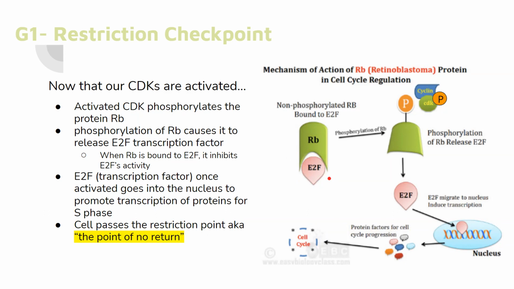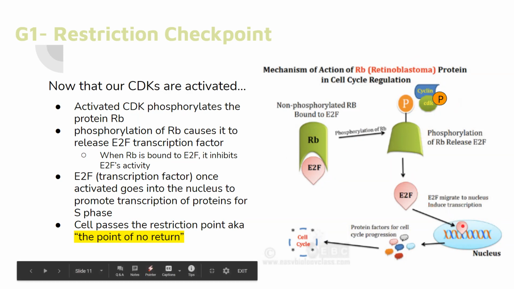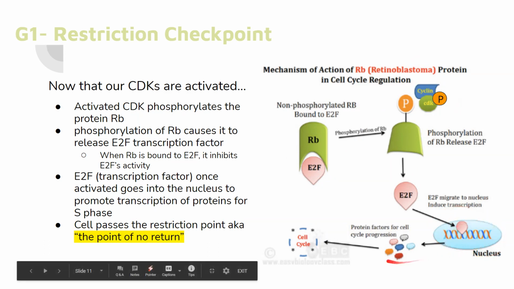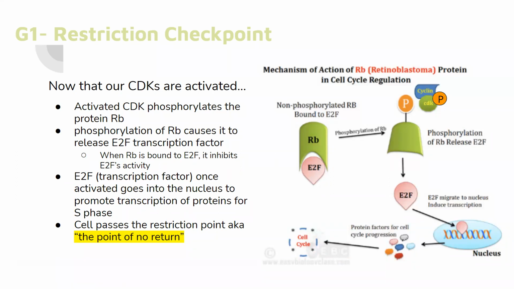Now with CDK phosphorylating RB, RB lets go of E2F. With E2F let go, it goes into the nucleus. It's a transcription factor, so once it's in the nucleus, it starts transcription, and this gets everything ready for S phase. Once the cell passes this checkpoint, it can't go back. There's no returning. Now S phase starts.